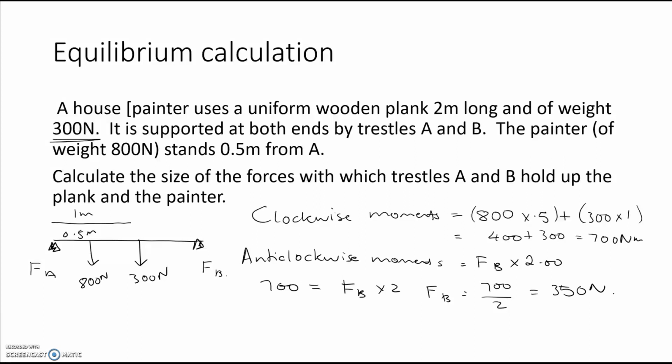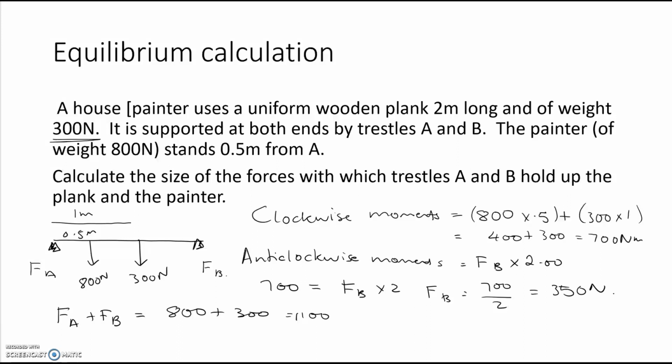Now, to find FA, we figure that since the plank is in equilibrium, at least we hope it is, so that the poor old painter doesn't slide off, the vector sum of the forces is going to be 0. So that means that the sum of the upward forces is going to equal the sum of the downward forces. So the forces upward are FA plus FB, and that's got to equal the downward forces of 800 plus 300, and that equals 1100.